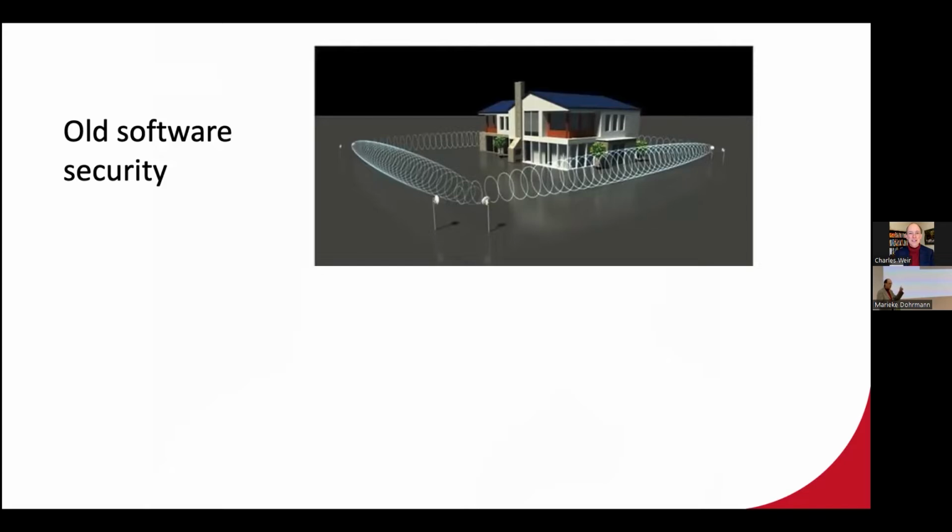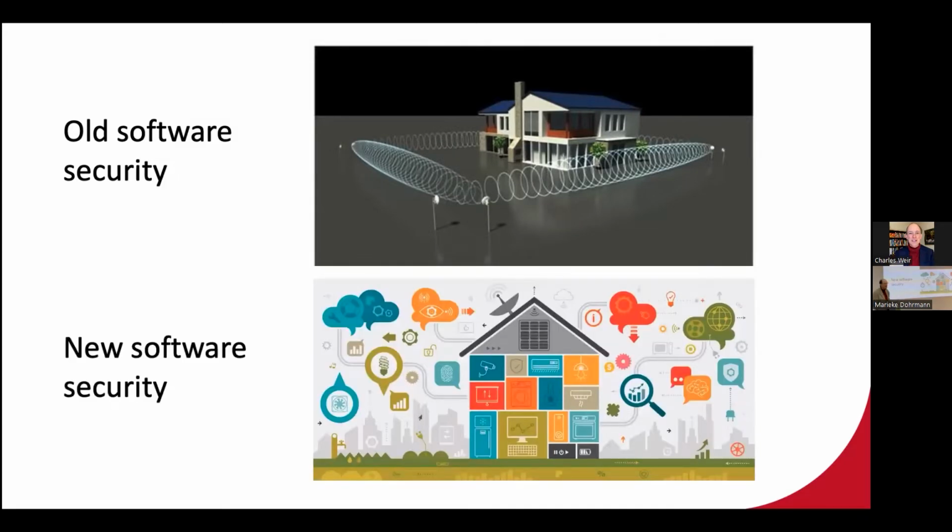That was 5-10 years ago. Nowadays, it looks more like that. We've got collections of things, all of them not very far from the actual open internet. We've got systems talking to each other.